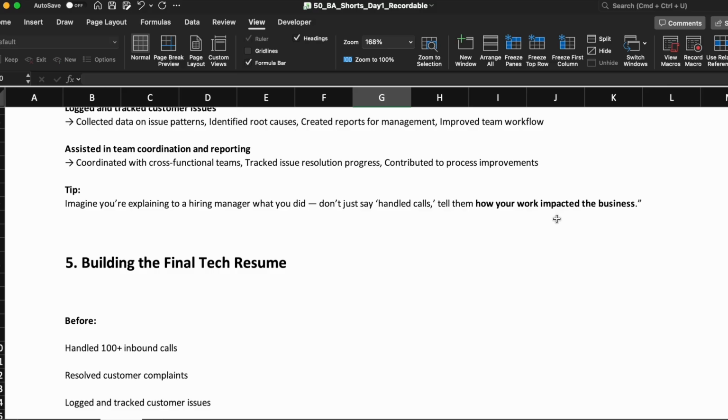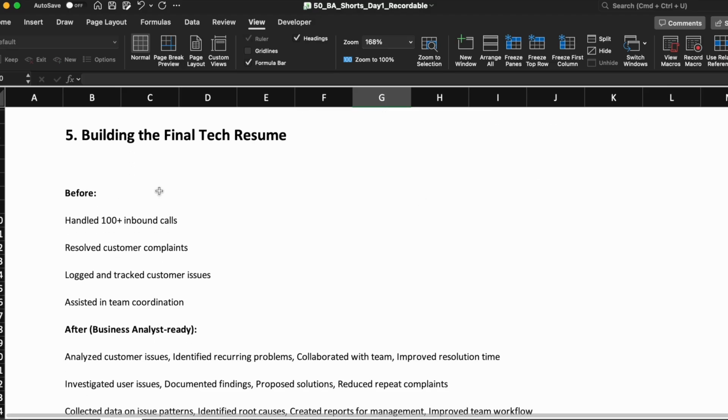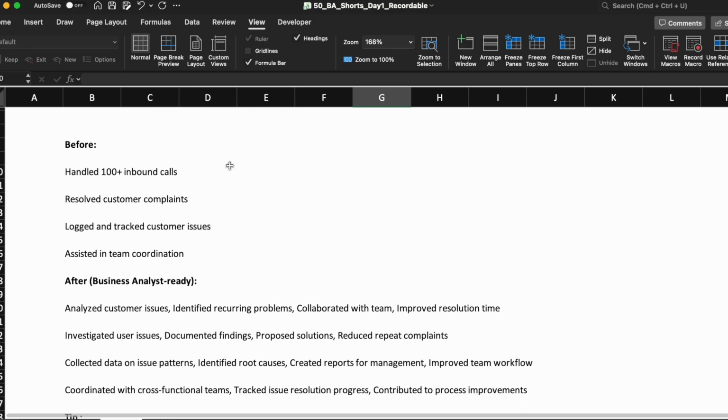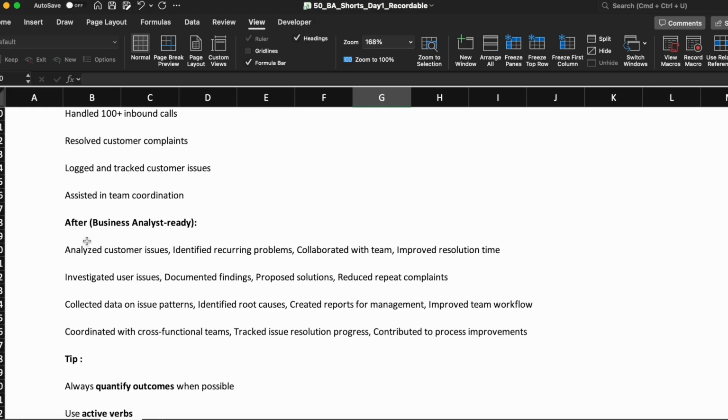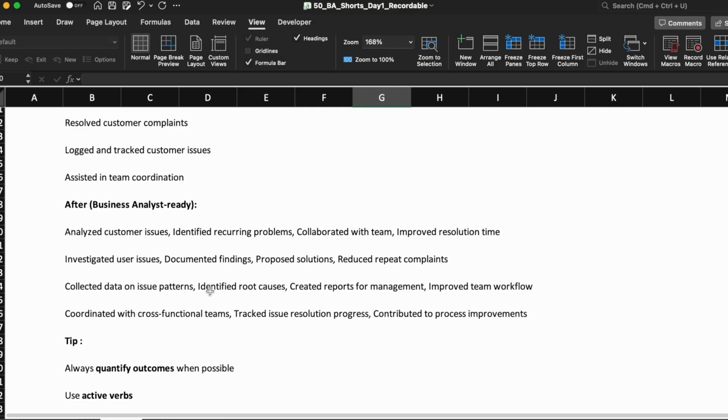So you talk about the business impact, the task, and what skills you use. That's our framework. So building the final tech resume. We already discussed this. After business analyst-ready, we write analyze customer issues. Pretty much the same as what we discussed here. I'll pass this one.